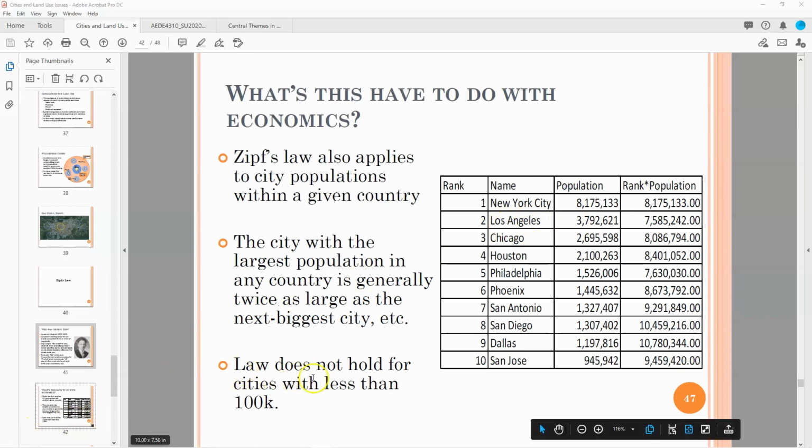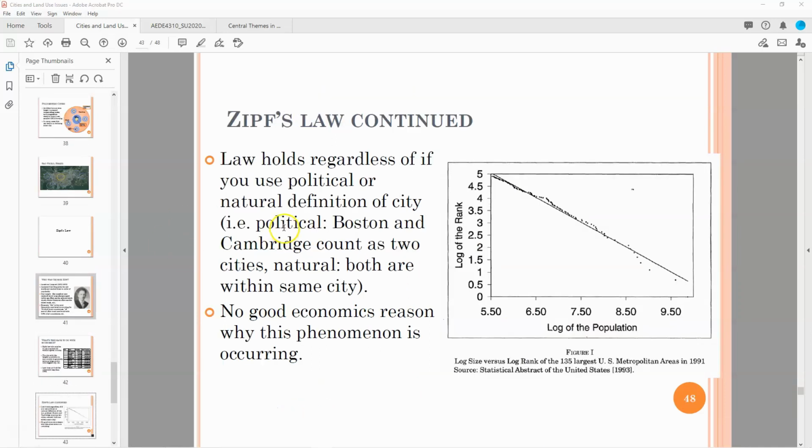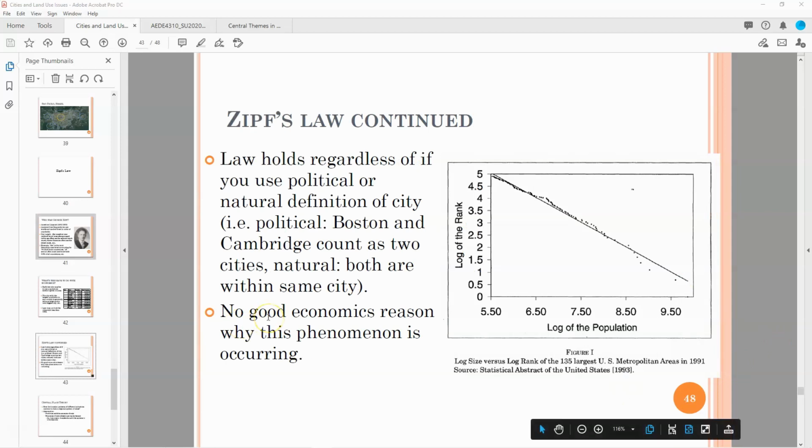And Zipf's law does not hold for cities with less than 100,000 population. And when we compare the population of cities, it doesn't matter whether you use the political definition of city or the natural definition of city. However, there is no economic intuition to explain why this phenomenon is happening.